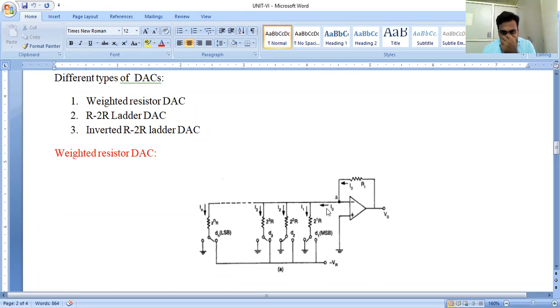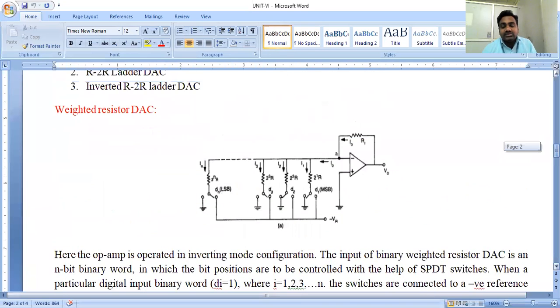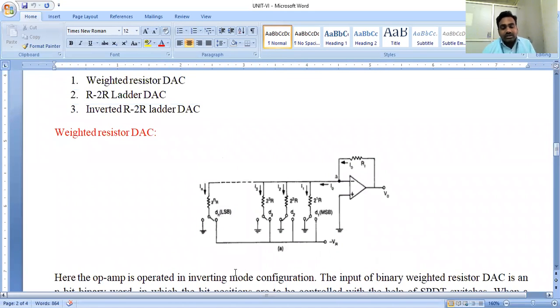So this is about the circuit structure. With respect to negative feedback, the resistances correspond to MSB D1, D2, D3, up to the least significant bit DN, connected in parallel. If we analyze this circuit diagram theoretically, the weighted resistor DAC is one of the simple circuits we have analyzed, which uses the configuration of a summing amplifier with binary weighted resistors.